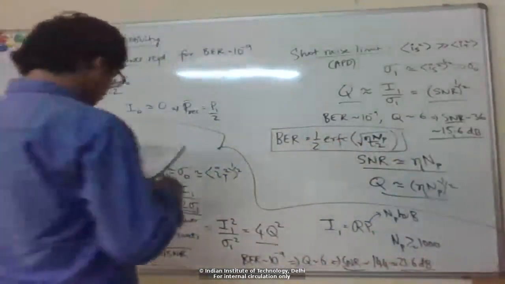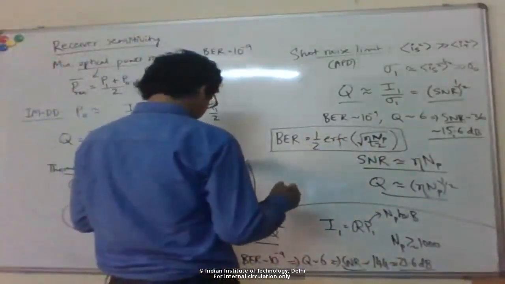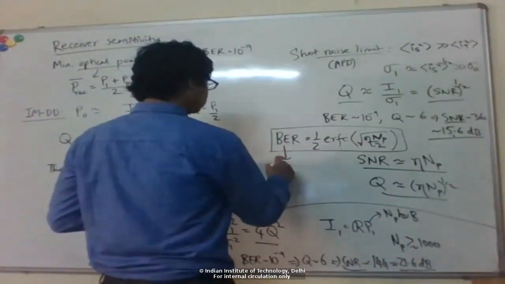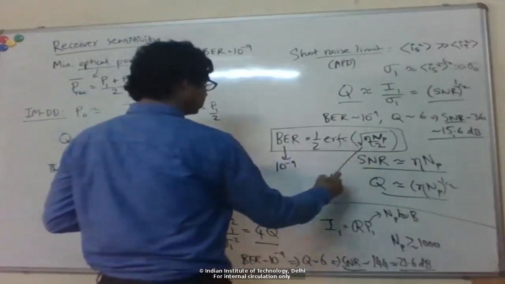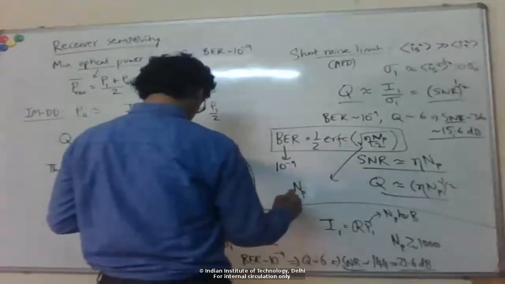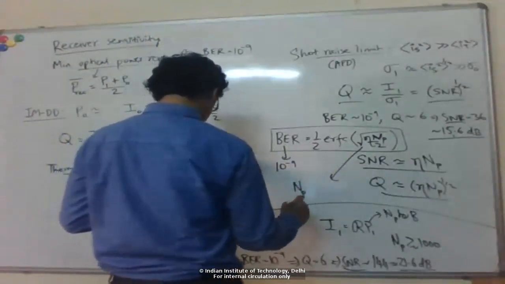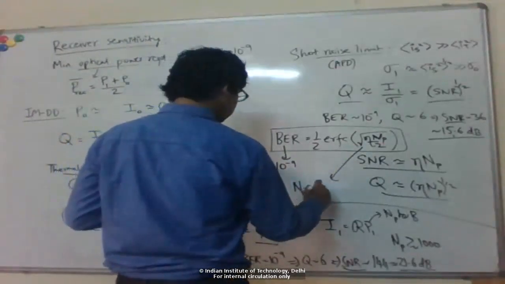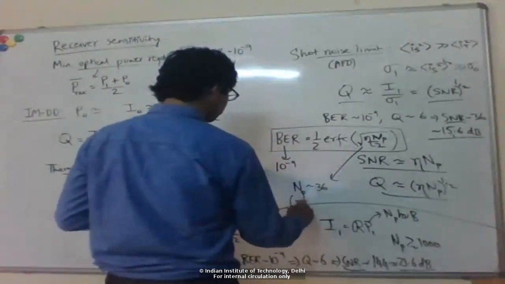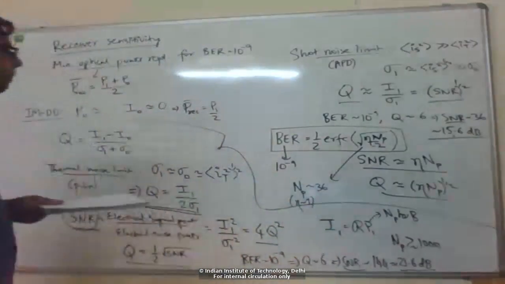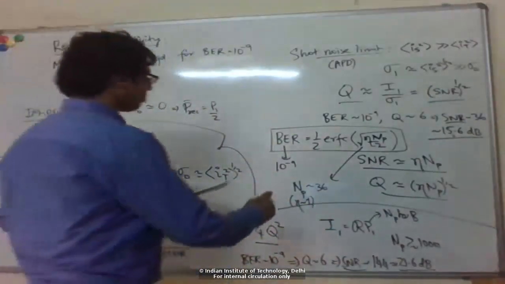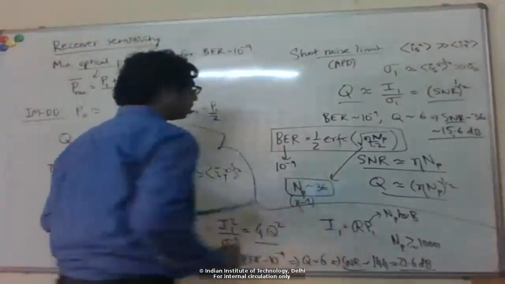right? So again, if we put this at 10 to the minus 9, then we get the number of photons required for a BER of 10 to the minus 9 to be about 36. So this is assuming your quantum efficiency is close to 1. Okay.